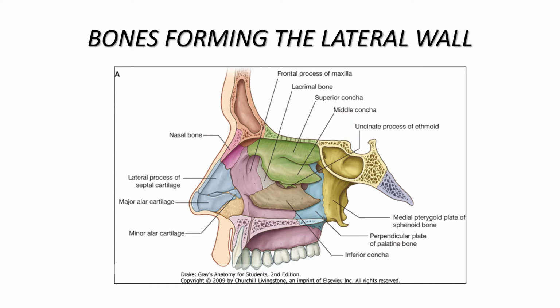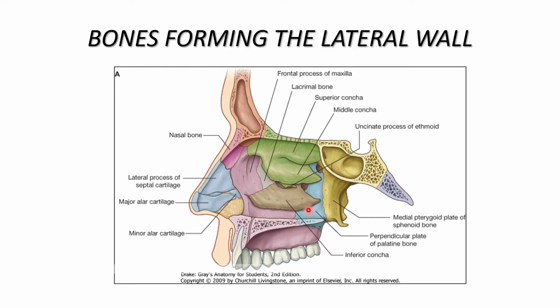These are the parts of the ethmoidal bone. Beneath the superior and the middle concha lies the large inferior concha. This inferior concha is a separate bone.